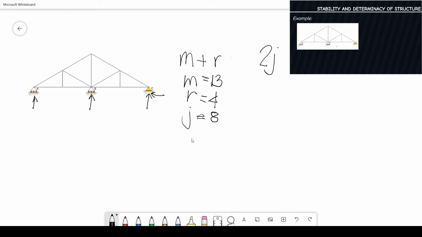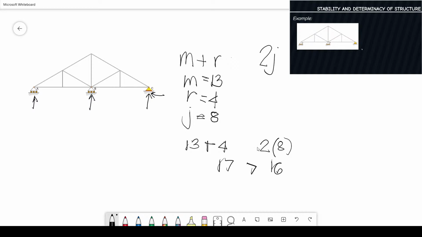M is 13. Tama ba na akong joints? Tama. So, 13 plus 4, and 2J is 2 times 8. 13 plus 4 is 17, and 2 times 8 is 16.